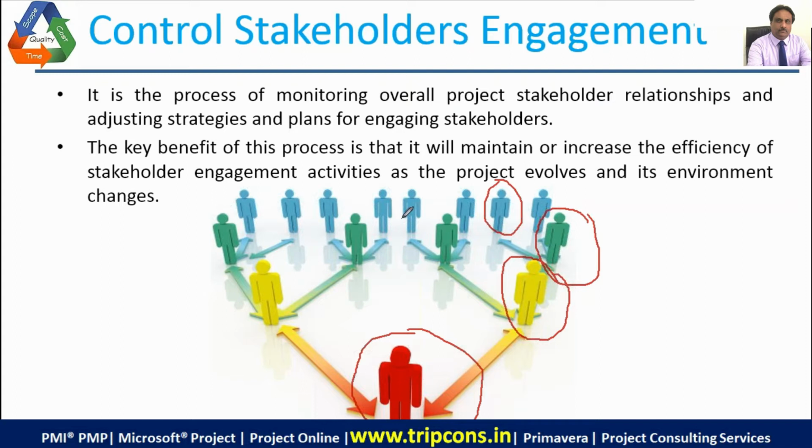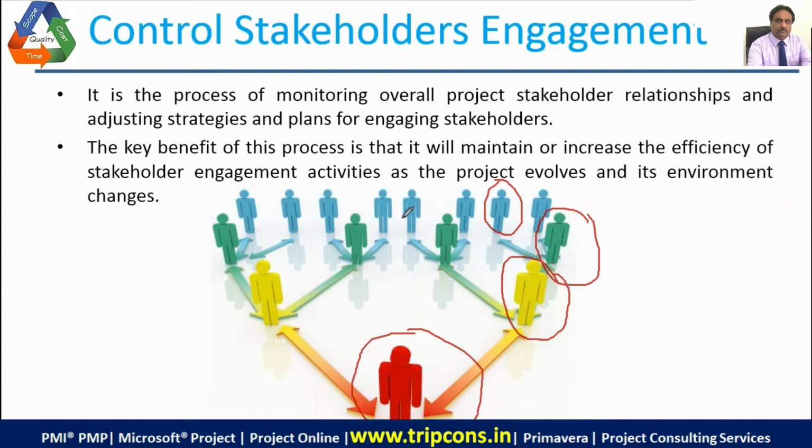Normally there would be certain stakeholders, say at the yellow or the green level, who would be reluctant to provide it. So if a communication goes in from the red level, the guy at the top, and he recommends that they should be sharing certain information with you, this is something which will help you manage your project better.